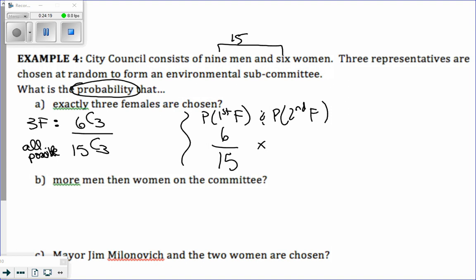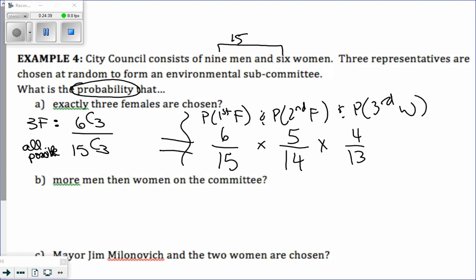So how many women do you have left to pick from, out of how many? And the third? 4 out of 13. Yep. And believe it or not, this answer will be the same as that answer. It's really up to you how you think of it.